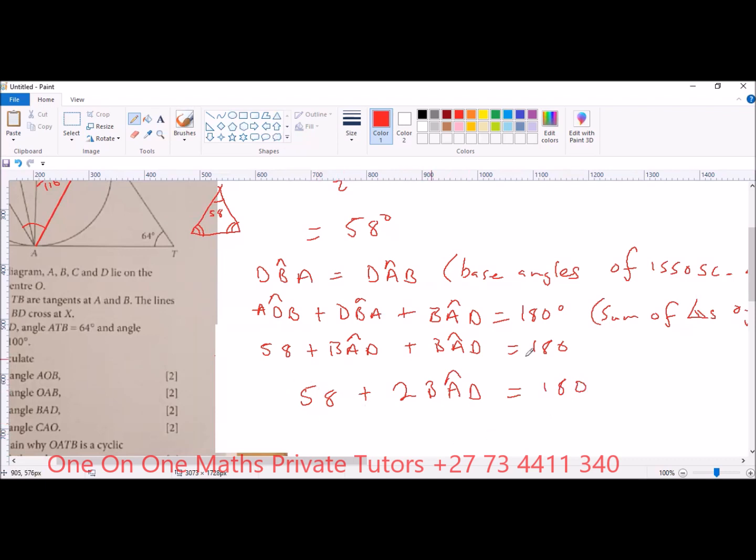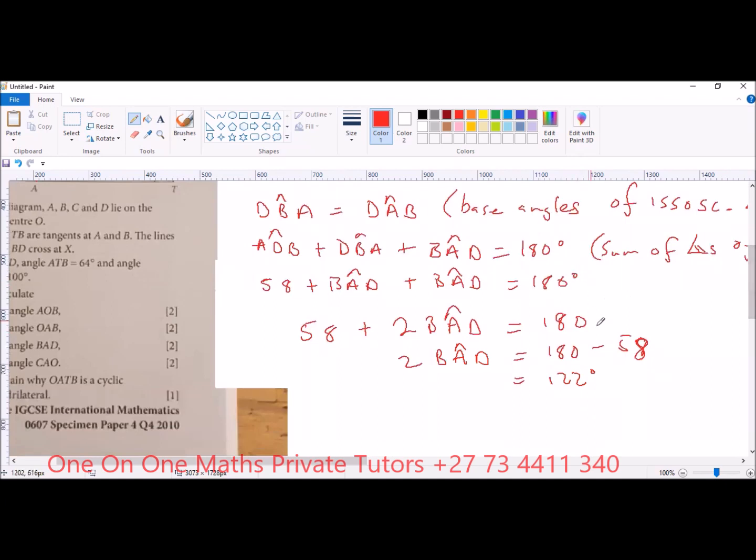So take this one that side. 2 BAD is equal to 180 minus 58, which on the calculator will give us 122 degrees. Remember, these are degrees. So go back, put your degrees.